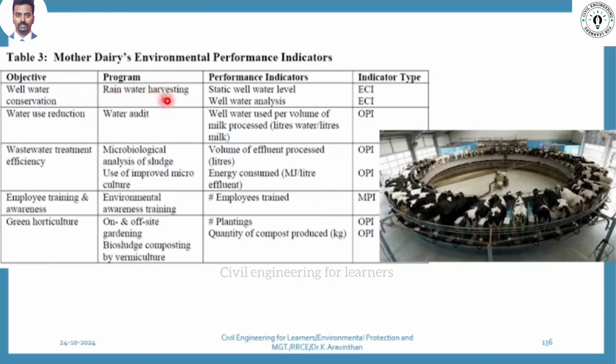Which comes under water, well water conservation. The water they consume comes under a parameter. This comes under the environmental condition indicator. Waste water, after the disposal and after cleaning all the microbiological things, it comes as waste. And employee training awareness, greenhouse, horticulture.